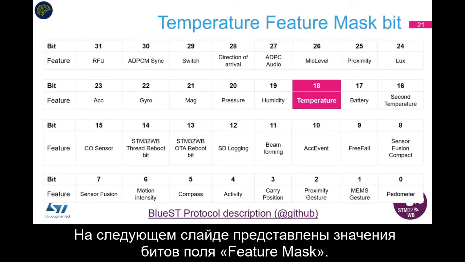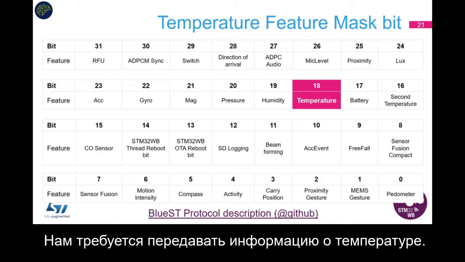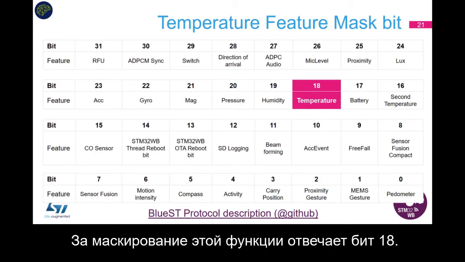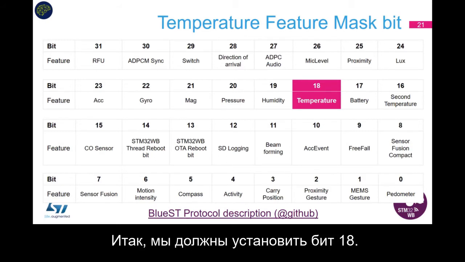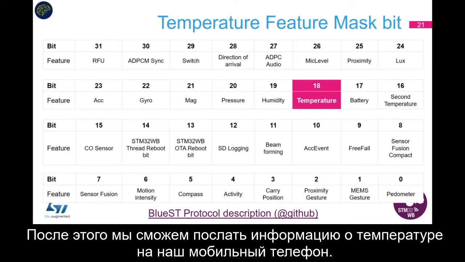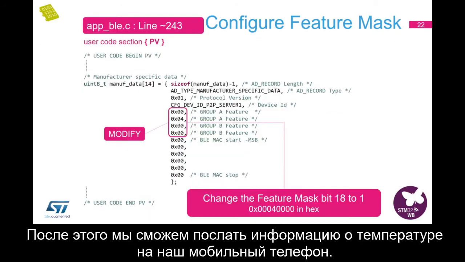So if you have a look at the different feature masks that we have available, we want to send out temperature. So temperature is bit 18. So we want to enable bit 18 so that we can send out our temperature data to our mobile phone.